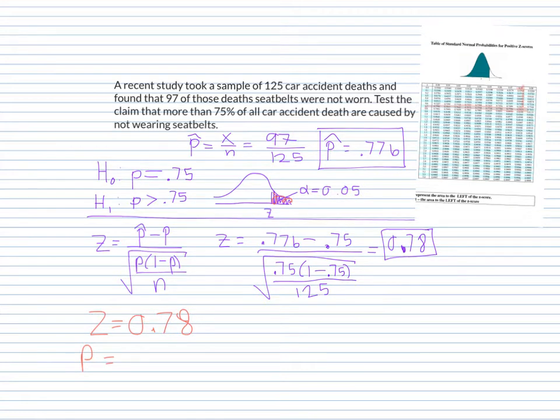So we get 0.7823. However, that is the area to the left. So remember, you need to subtract from 1. 1 minus 0.7823 will be 0.2177. All right, so my p-value is 0.2177, and my alpha is 0.05.